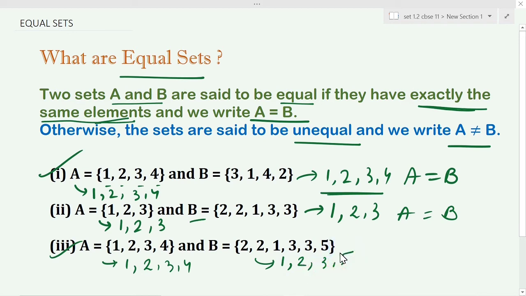Now look, A contains 4 and B contains 5, but 5 is not in A and 4 is not in B. So these are two different numbers. So we can say that A not equal to B because A and B do not contain the same elements.